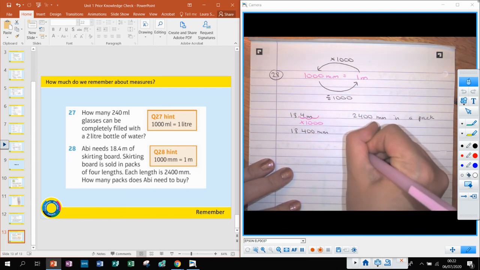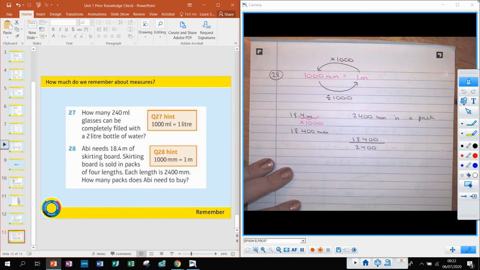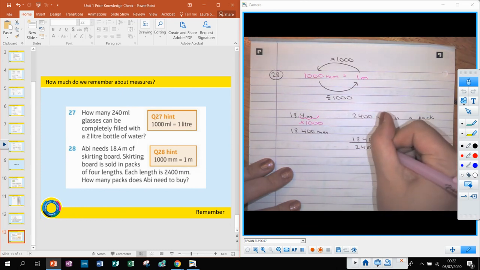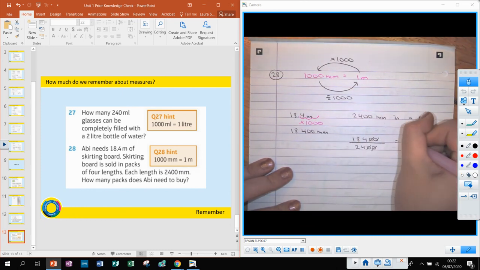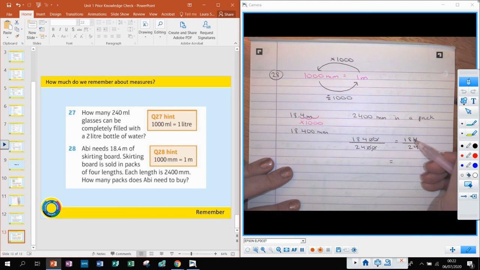And again, we need a fraction for this division because that's a lot easier. Both divide by 100, so that is equal to 184 over 24. Both of those divide by 2. 50 plus 40 is 90, so 92 over 12. Both of those divide by 2. 45 plus 1 says 46 over 6. That divides by 2, which is going to be 23 divided by 3.